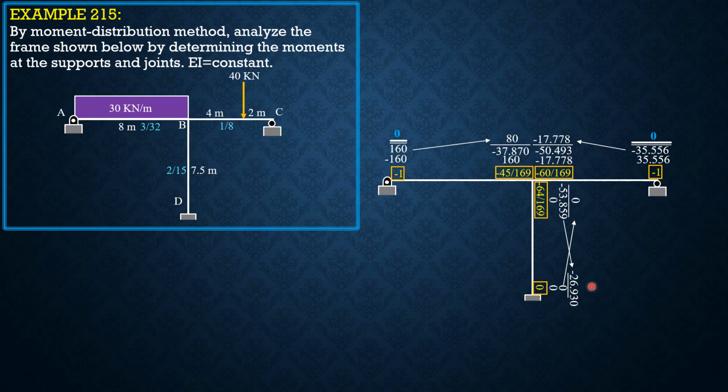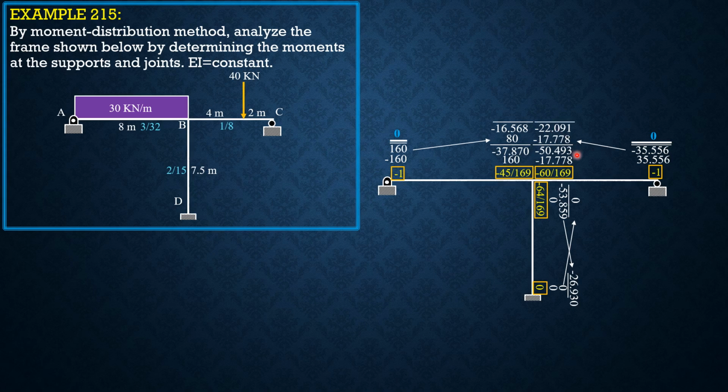So let's proceed to the second round. Quantity 80 minus 17.778 times negative 45 over 169 is negative 16.568. Then replace negative 45 by negative 60, put the value here, negative 22.091.